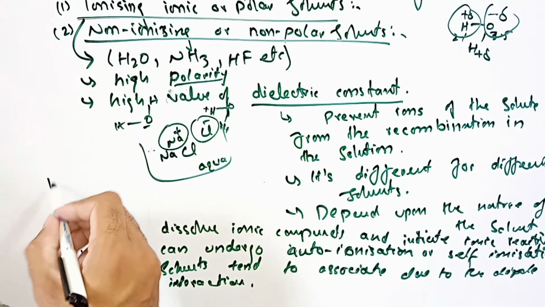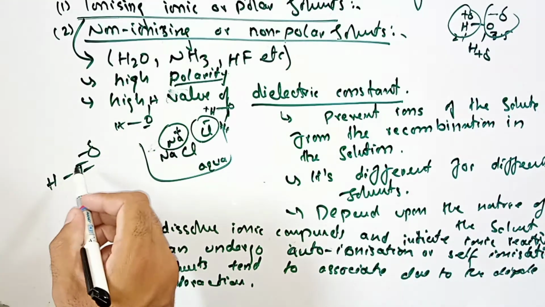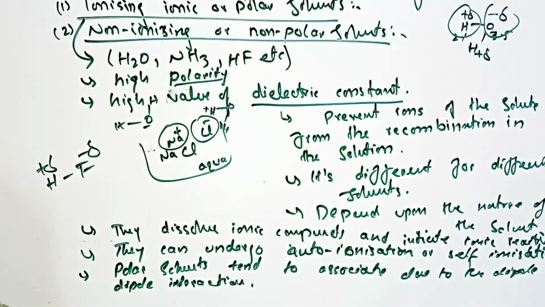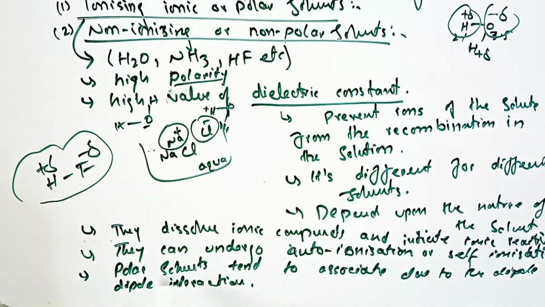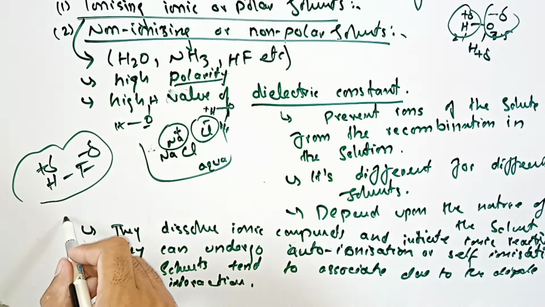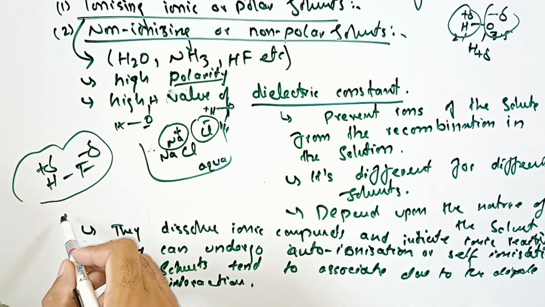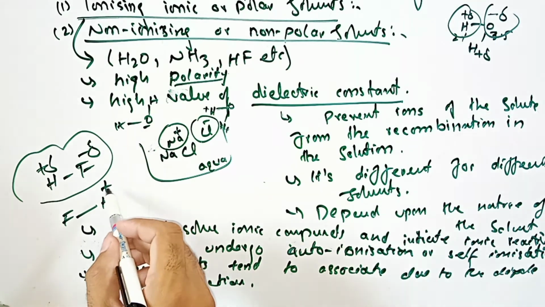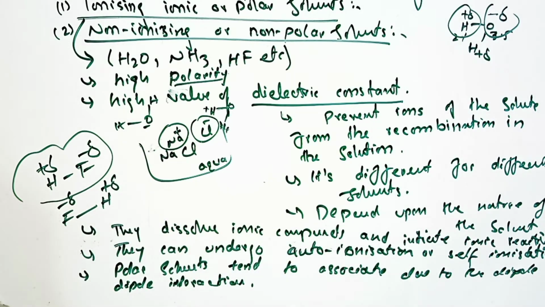For example, in the HF solvent, fluorine is electronegative, so it gets a partial negative charge, while hydrogen gets a partial positive charge because it loses electron density while fluorine withdraws it. Due to these poles, dipole-dipole interaction is present. This is one HF molecule, one molecule of the solvent, and this is another molecule of the solvent. There is a partial negative charge on fluorine and a partial positive charge on hydrogen.